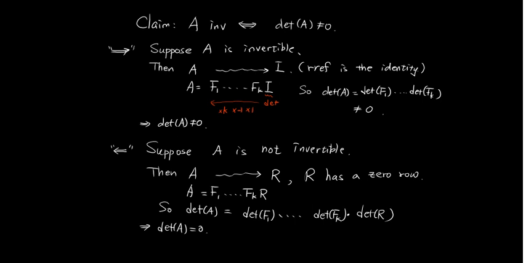But the nice thing is that now R has a 0 row, so the determinant of R is equal to 0. So it's a product of a lot of things, and the last one is 0. So the determinant of A is equal to 0.